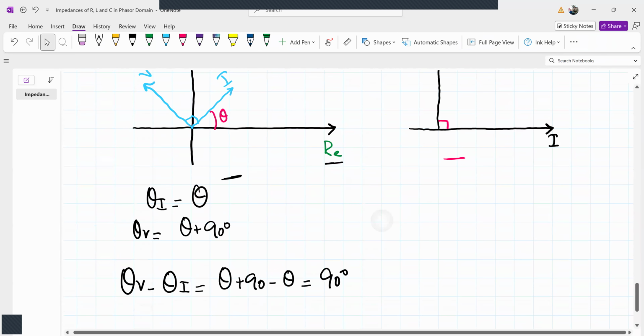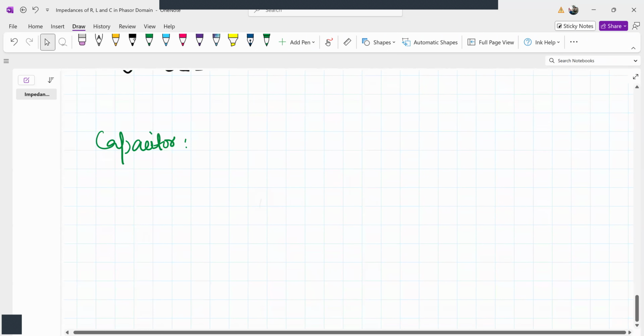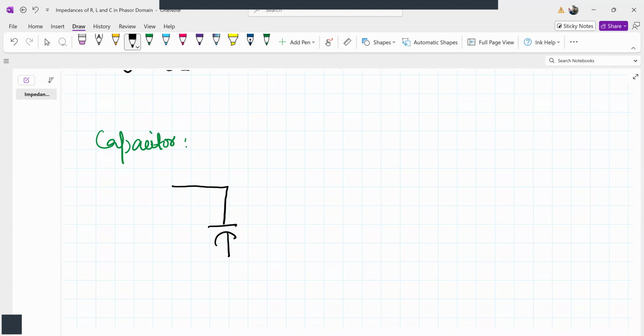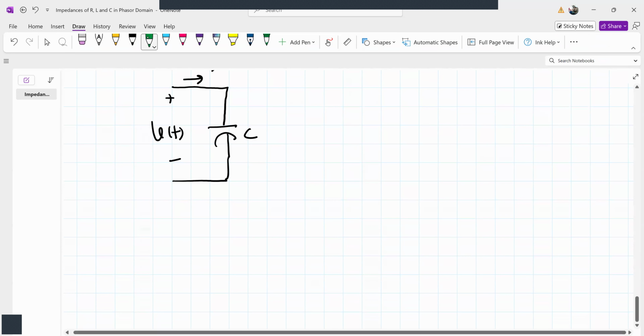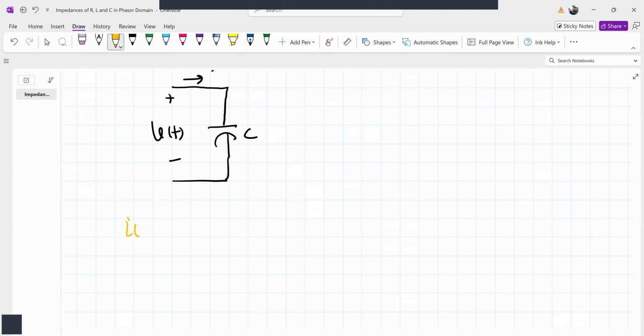Next, let's talk about the capacitor. So let's suppose we have a capacitor. The voltage and current are given as V of t and I of t. C is the capacitance. So how is I of t related to V of t? We know that the current in a capacitor at any time is C dV(t) by dt.